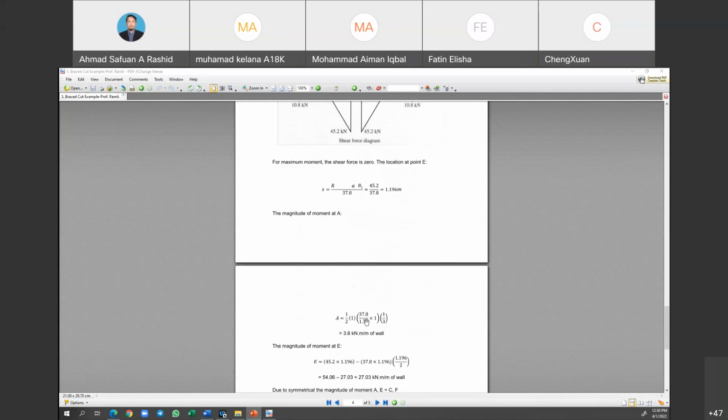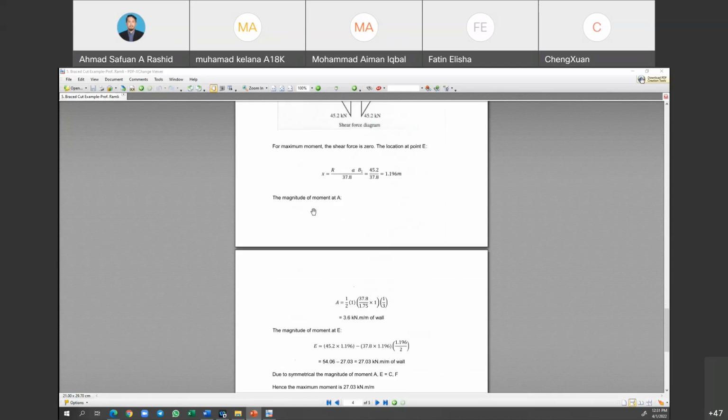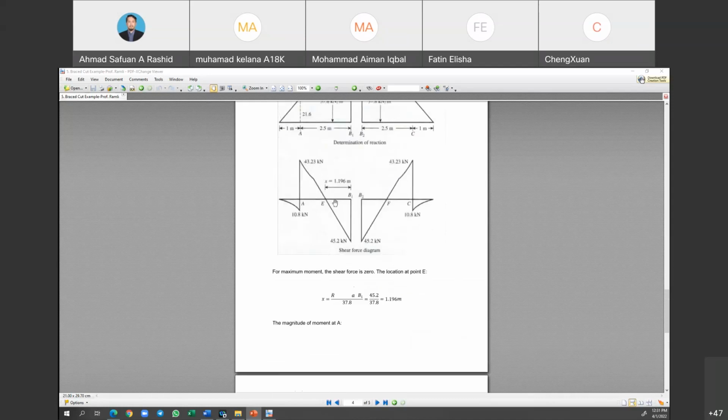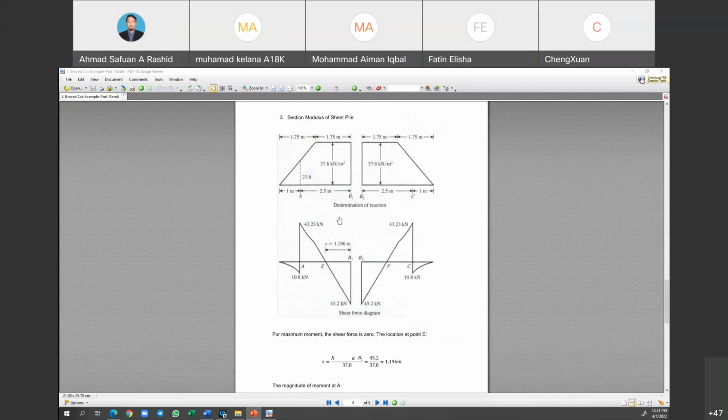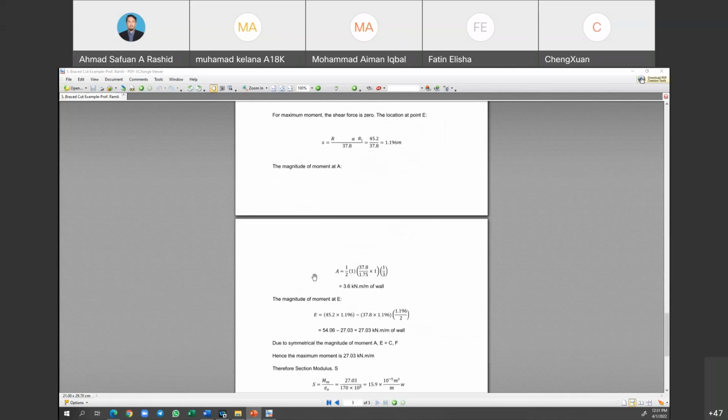Later on, the magnitude at A, at this position: 37.8 over 1.75 times 1 times 1/3, times 1/2. So they obtain 3.6.